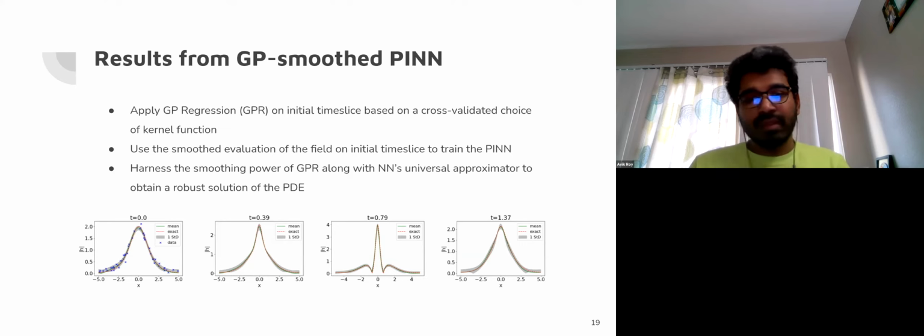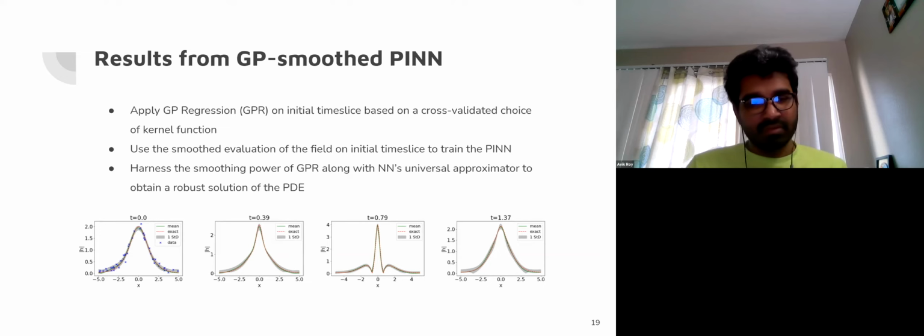So in order to do that, you might know about something called k-fold validation. You hide a certain set of observations on the initial time slice, and you do a Gaussian process regression on the rest of them, and you try to see which regression gives you the best estimate of the observations that you hid from the Gaussian process. Based on that, we found out that this RBF plus white kernel did the best job.